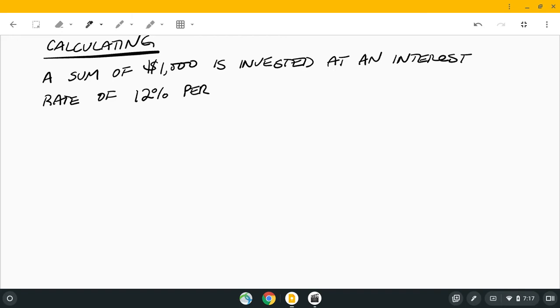It's like barely 1% right now. Anyway, I've never seen 12%. I think the highest I've ever seen was like 6 in my lifetime.